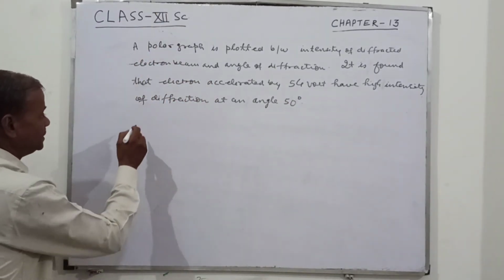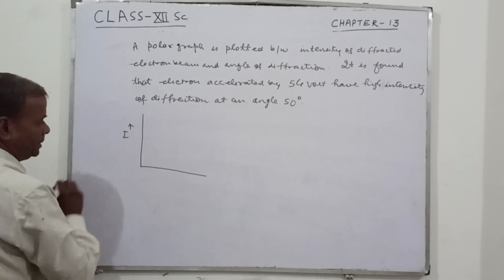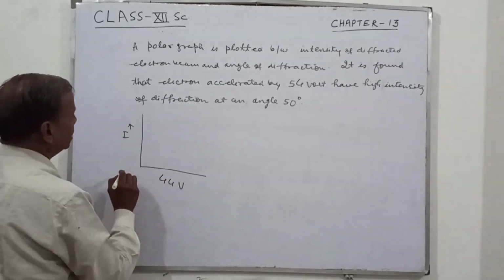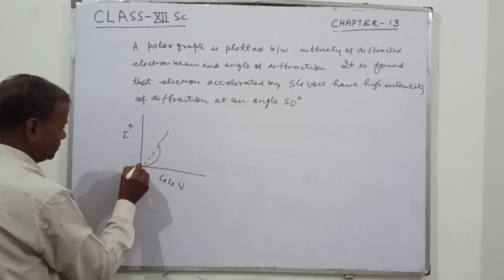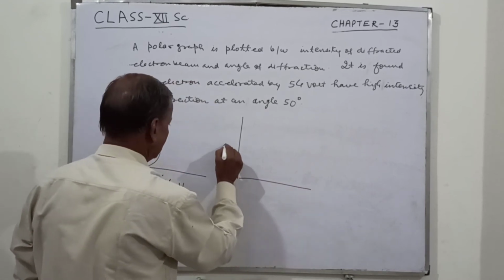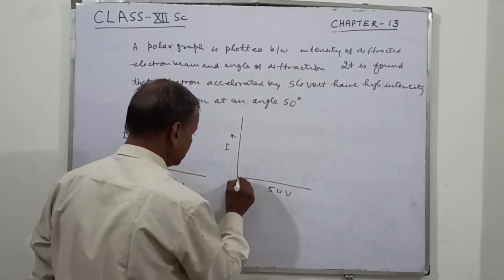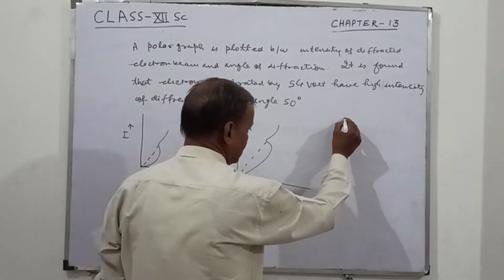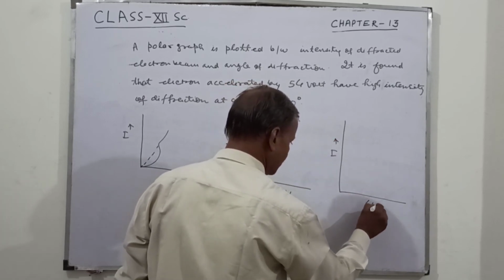So these graphs are like this. Here we take the intensity, and here we take the voltage, suppose 44 volt, and then we find that the graph is like this. Suppose this is I, this is your 54 volt, and then we find the intensity, and this is at suppose 64 volt.